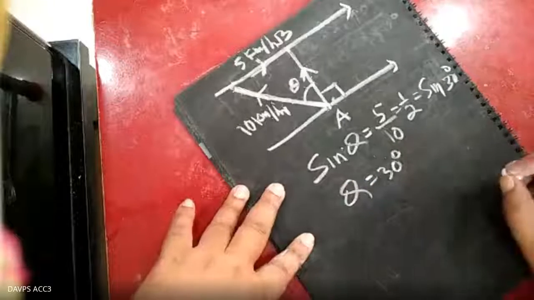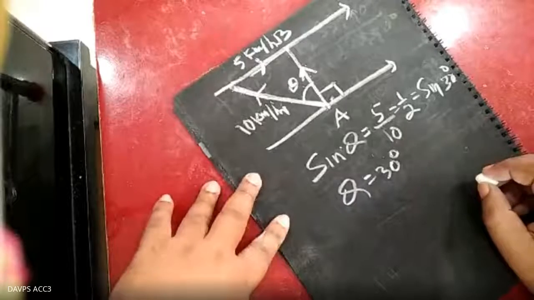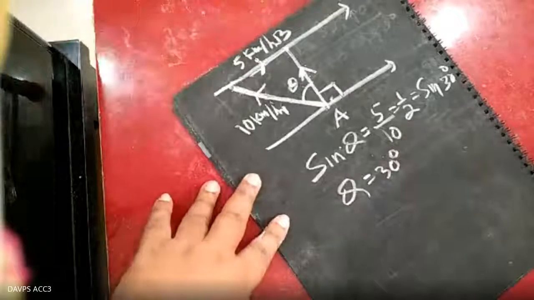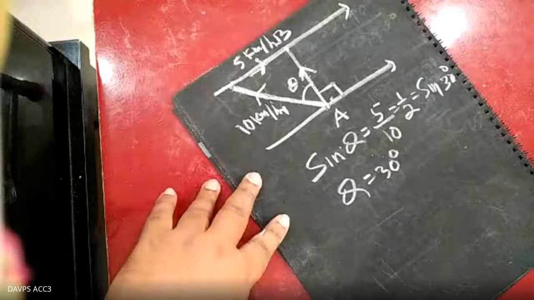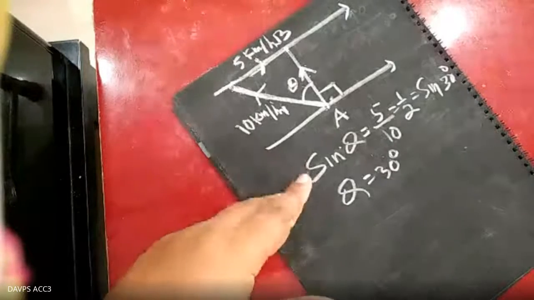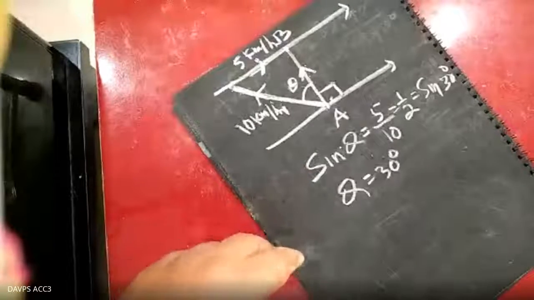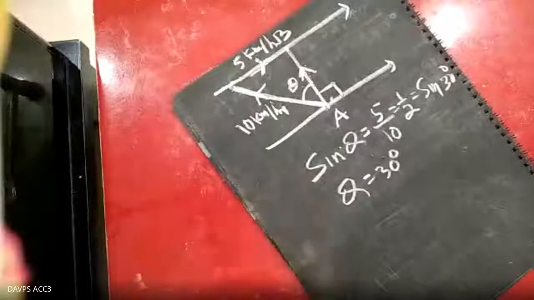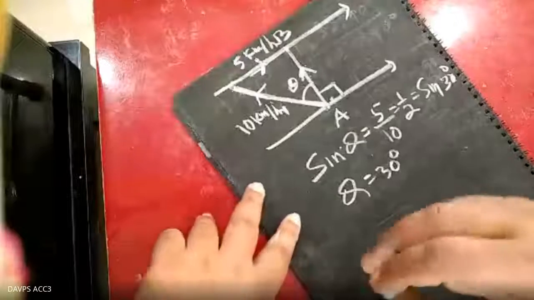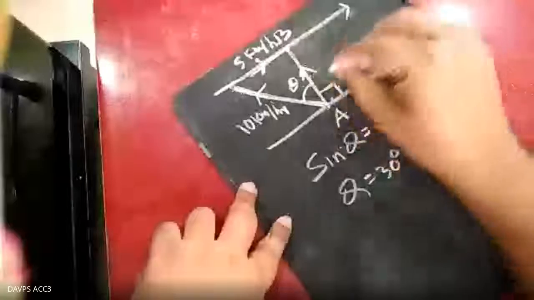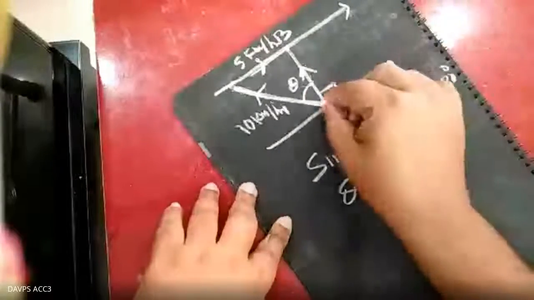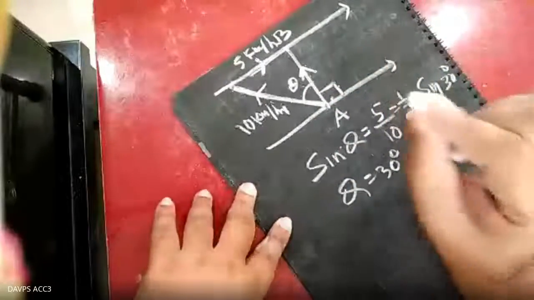The question is asking in which direction the boatman should row in order to reach the point. In which direction? 90 plus 30, that is 120 degrees with the direction of the flow of river water.